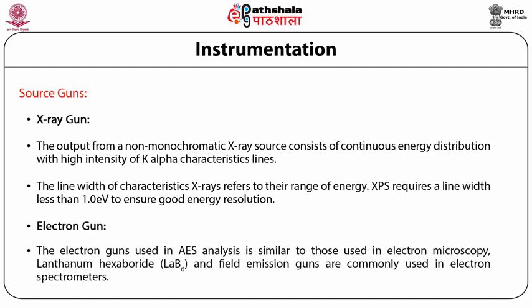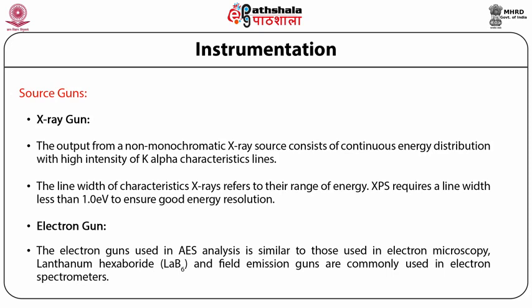The electron gun used in AES analysis is similar to those used in electron microscopy. Lanthanum hexaboride, termed as LaB6, and field emission guns are commonly used in electron spectrometers.